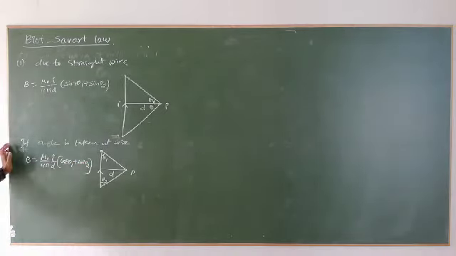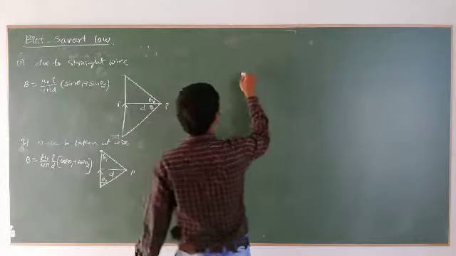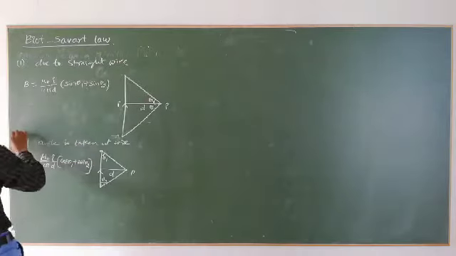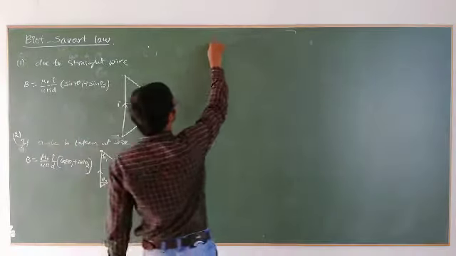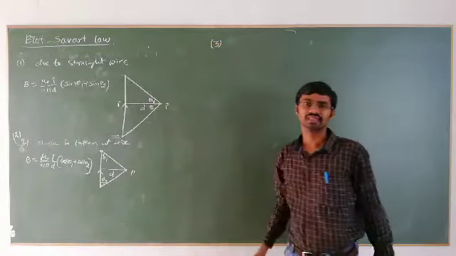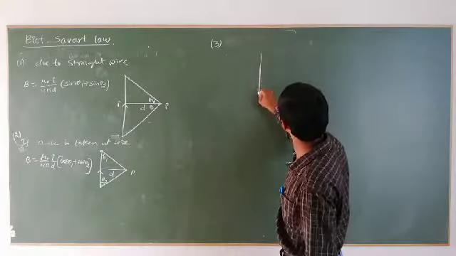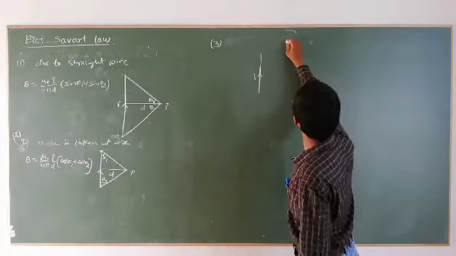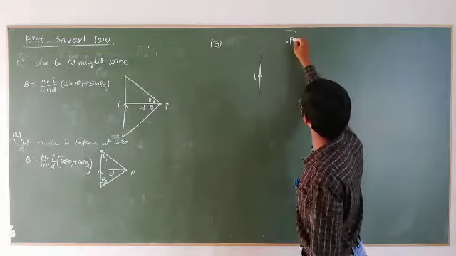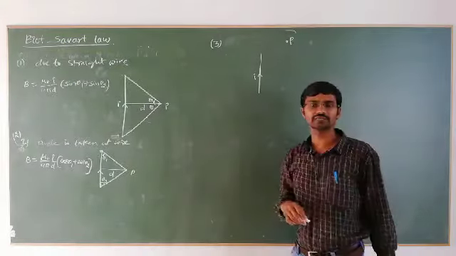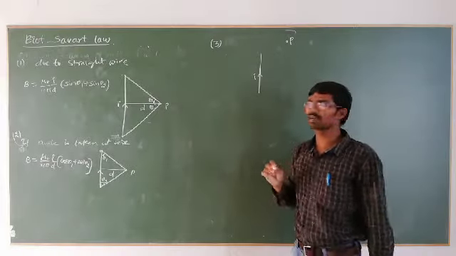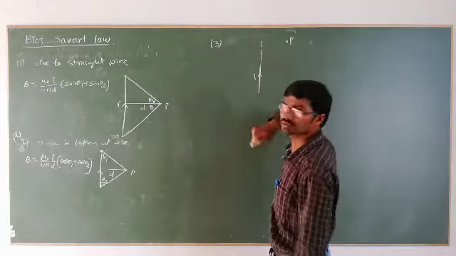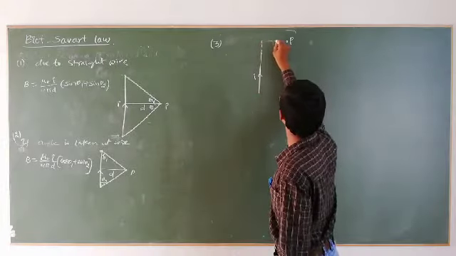Now, look at this one. Here we have a wire like this. The current flowing is I. But at this point P you need to find the magnetic field. For that purpose, you extend this wire and draw the perpendicular distance.